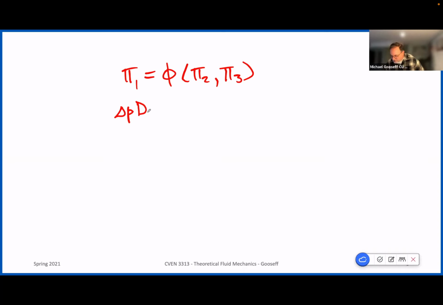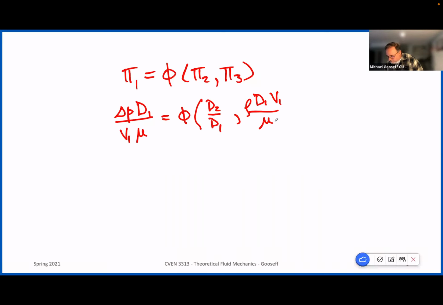Should be D1. I didn't have the 1 indicated in my notes. Divided by V1 times mu is equal to phi of, and then we write these out, D2 over D1, comma, rho D1 V1 over mu.